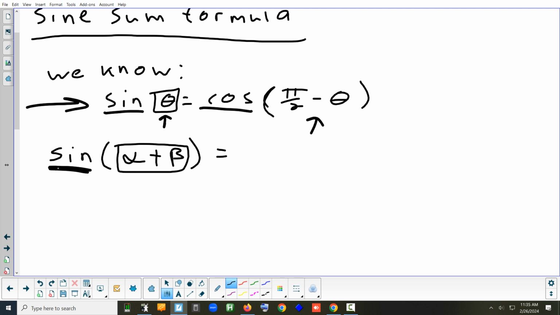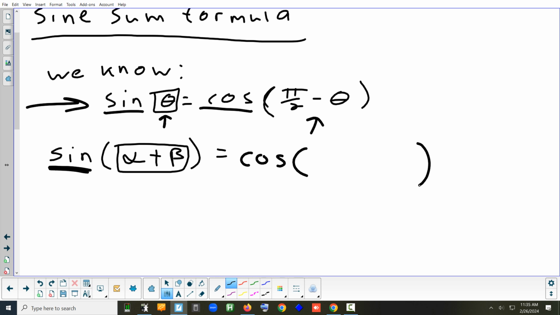It converts sine into cosine. So let's start by writing cosine, and see if we can figure out something we could put here.